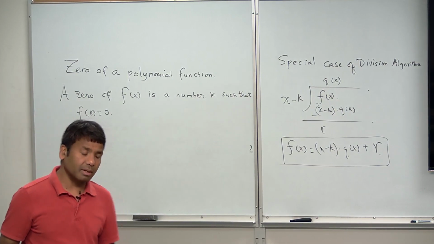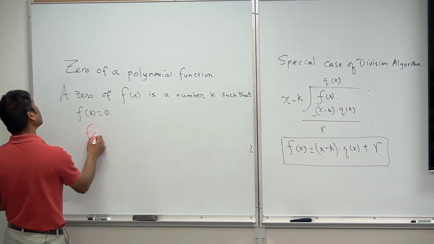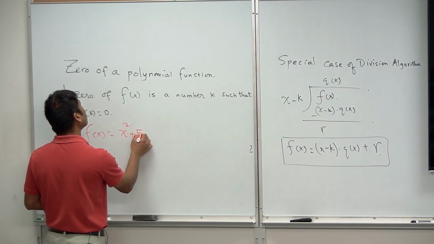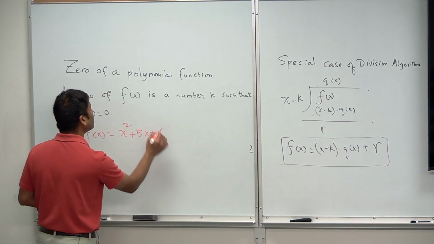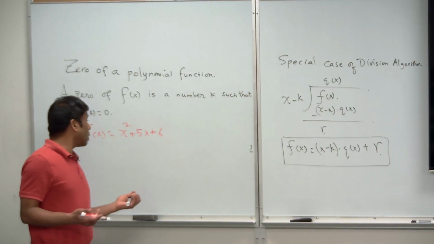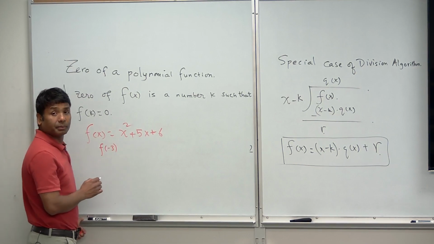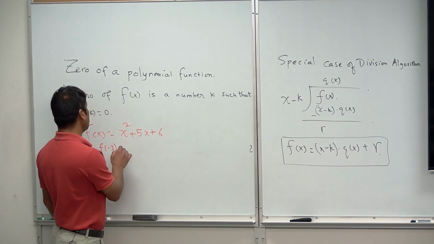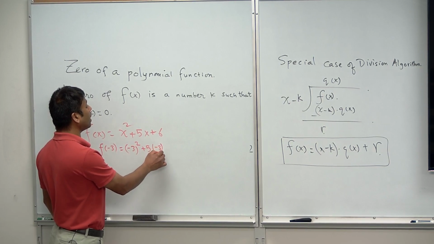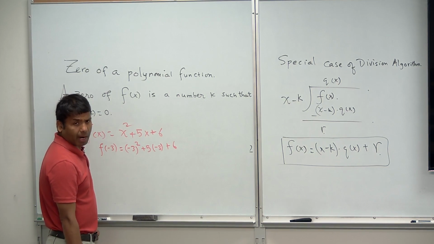So what does that mean? That means, let's say your polynomial function f(x) equals x squared plus 5x plus 6. So this is your polynomial function, okay? So if you plug in here, let's say if you plug in negative 3 here, what will happen? So this will be negative 3 squared plus 5 times negative 3 plus 6.